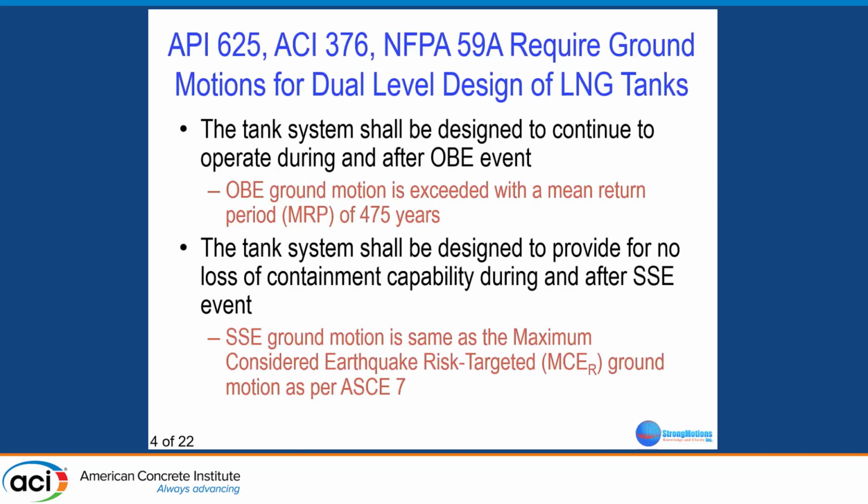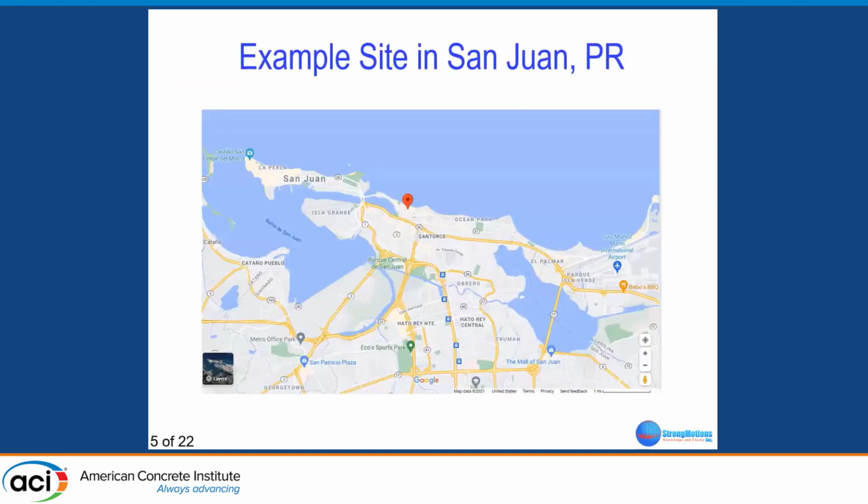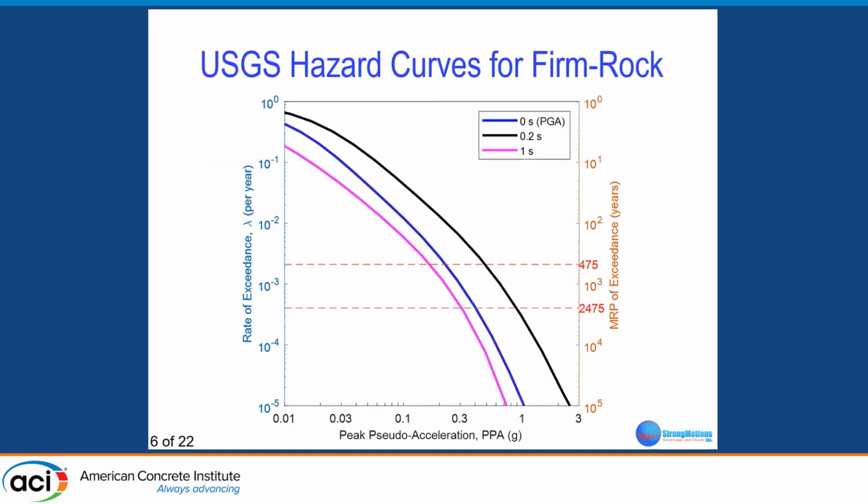We will see how to generate the SSE ground motions, and then similar steps can be used to generate the OBE ground motions. We take an example site in Puerto Rico. You go to the USGS website and they provide the hazard curves for this site. For any other site, just enter the latitude and longitude. They provide you the ground motion parameters in the form of hazard curves.